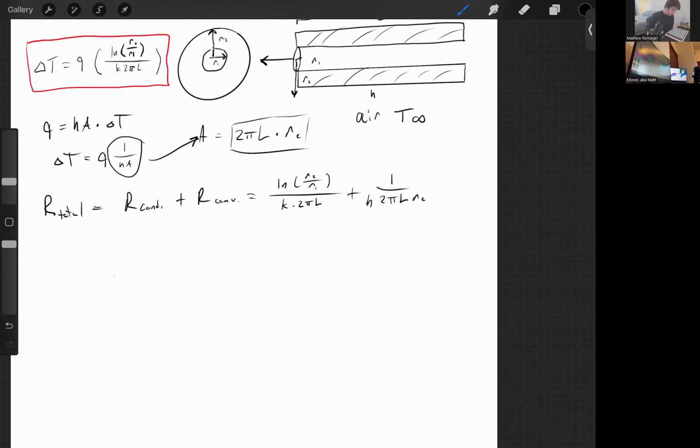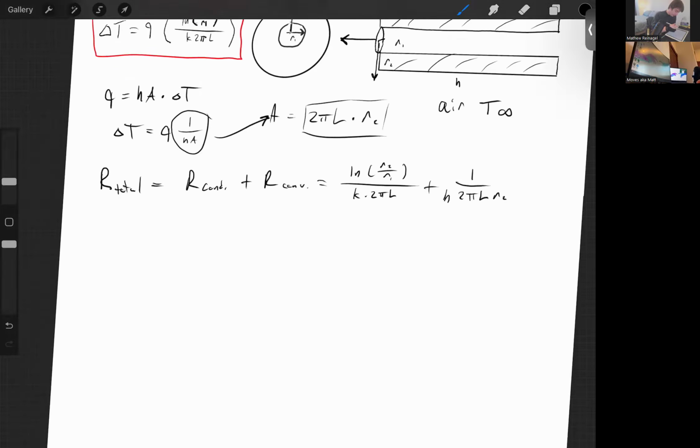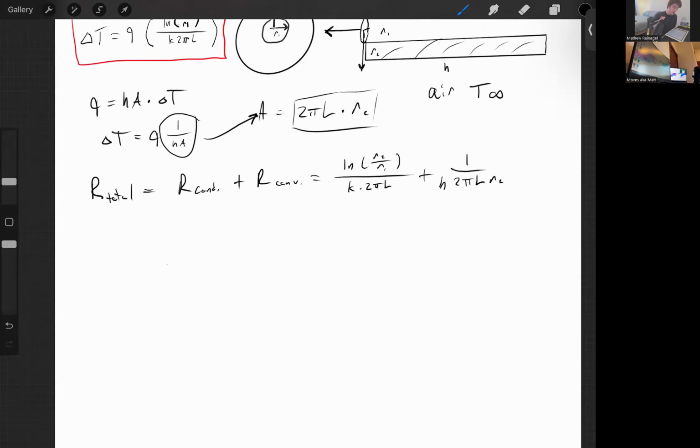So let's go ahead and set the first derivative. What are we going to set this in regards to? We're going to set the total resistance to the derivative with respect to R2, because we want to find it for the entire system. If we do that, we get the derivative of natural log R2 over R1, which should look like R1 over R2 multiplied by 1 over R1.